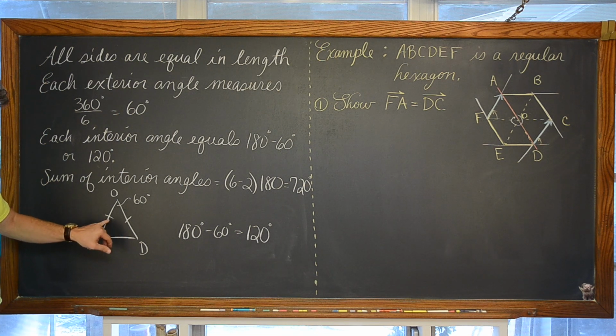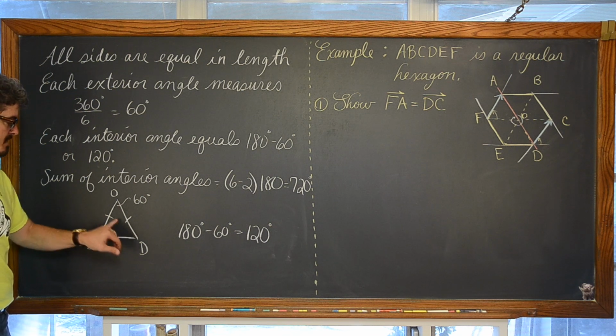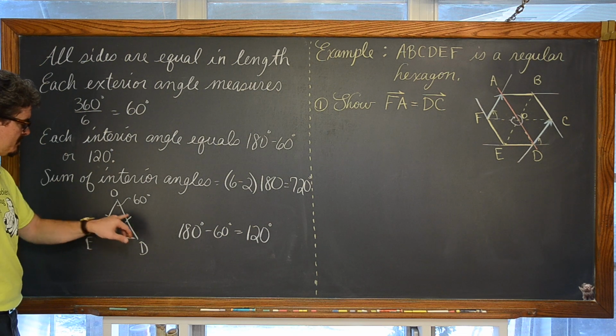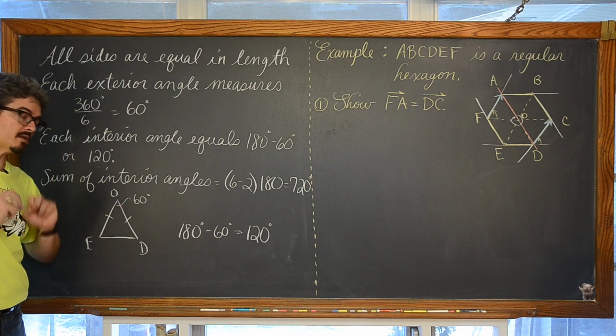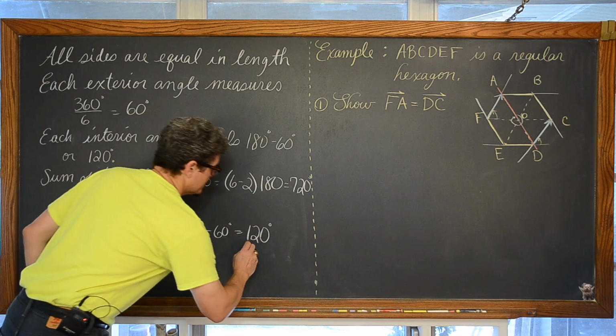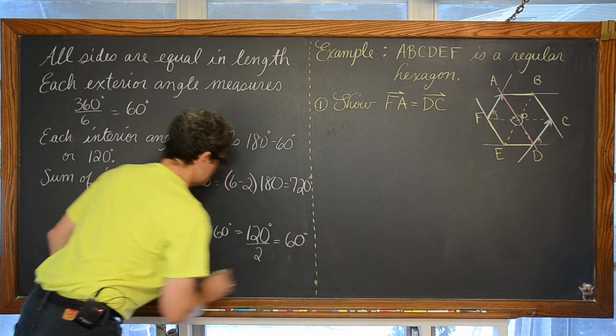And if you have a triangle whose two legs are congruent, then the angles opposite those two congruent sides, the base angles, have to be equal, like the sides they are opposite to. So 120 divided by 2 is equal to 60 degrees.